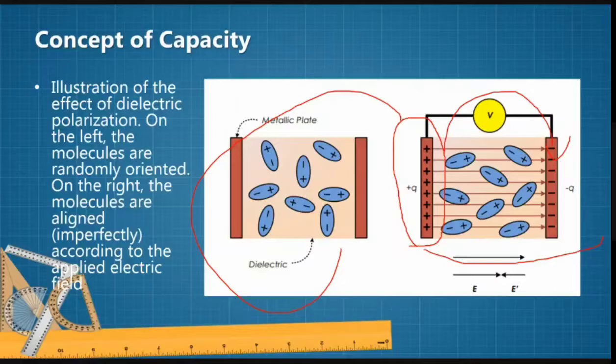The resulting field E is therefore smaller than the field we would have if there were no dielectric, E null, if the plates were in a vacuum. Weaker electric fields lead to a lower voltage between the plates. So this is the resulting field, and these are the dipoles of the dielectric.